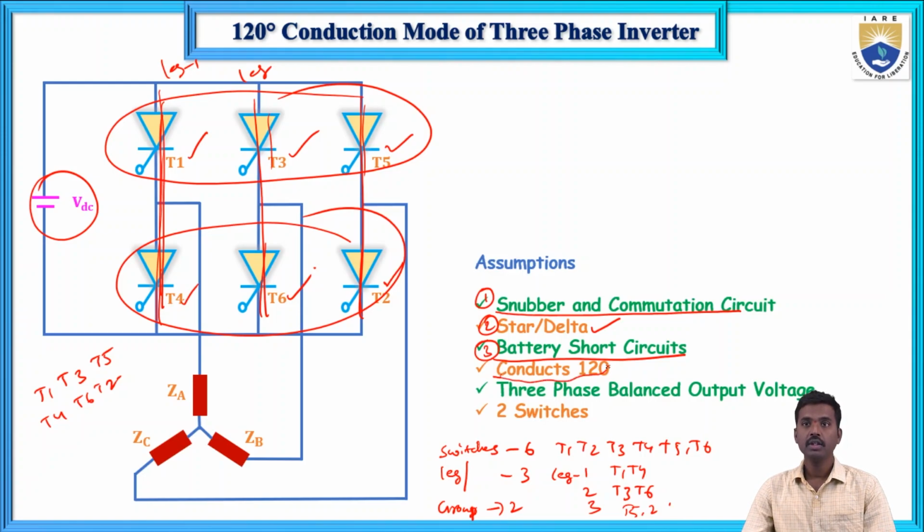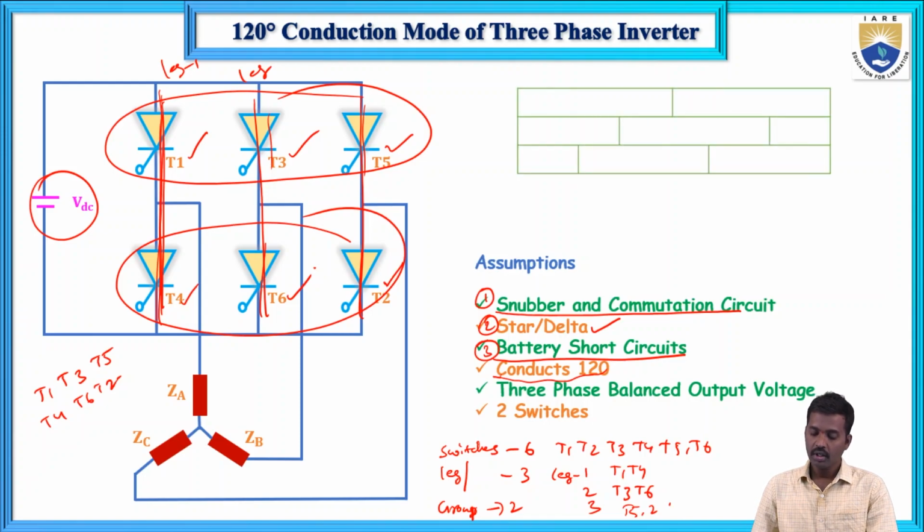So in each leg, each segment, each arm, each thyristor conducts for 120 degrees only, not 180 degrees. Now, the first row is for leg 1, the second row for leg 2 and the third row for leg 3.